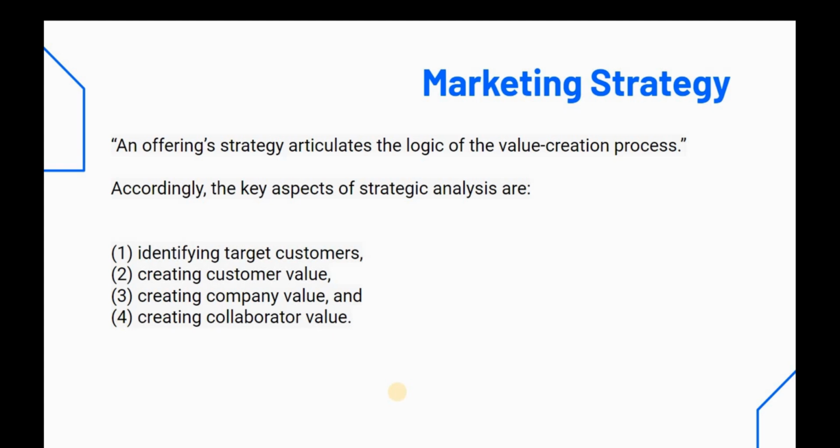Okay, you cannot do without value if you are considering creating a strategy. Accordingly, the key aspects for strategic analysis are: one, identifying the target customers; two, creating customer value; three, creating company value; and four, creating collaborator value. Now we will check and understand each one of them in detail in the next slides.